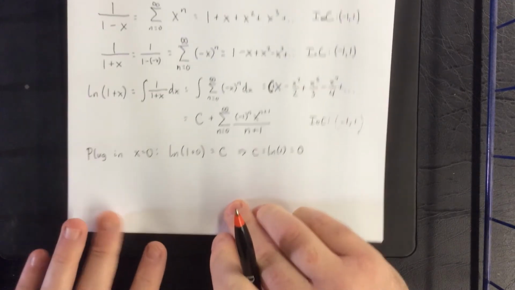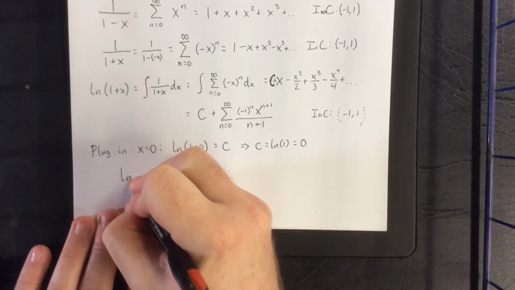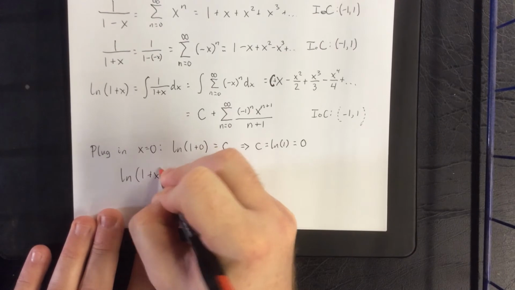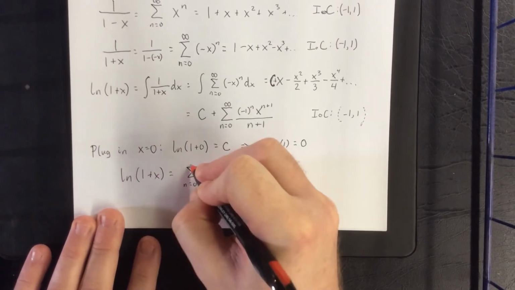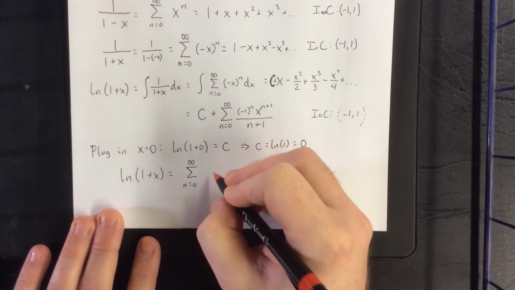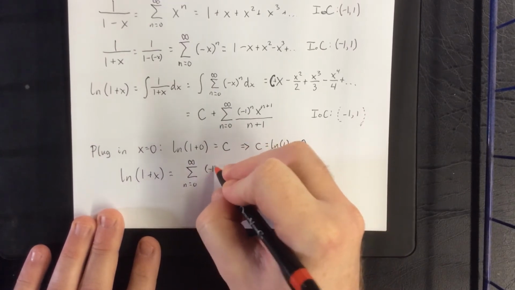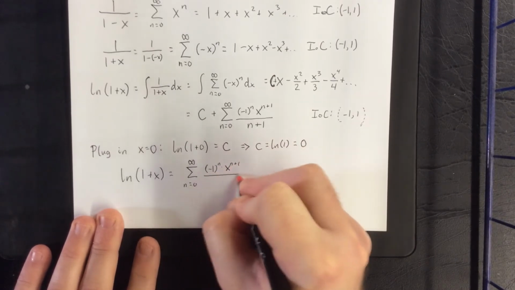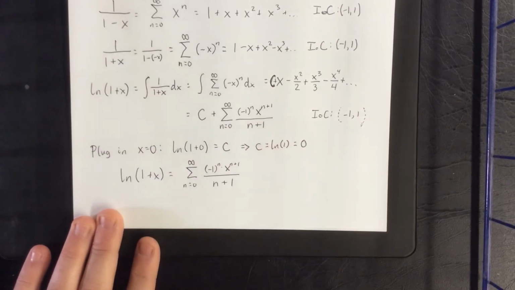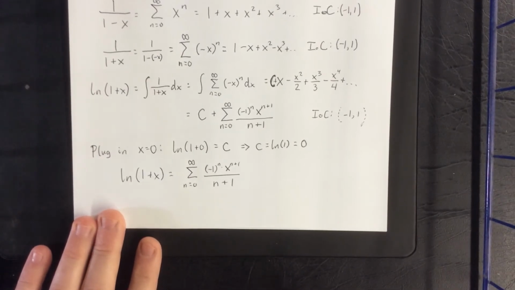So the constant of integration goes away, and we now have that the natural log of 1 plus x as a power series is going to be the sum from n equals 0 to infinity of negative 1 to the nth power times x raised to the n plus 1 power all over n plus 1. So that takes care of our natural log of 1 plus x.